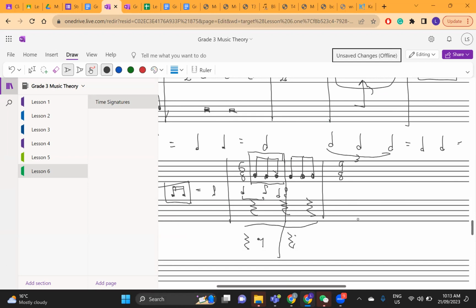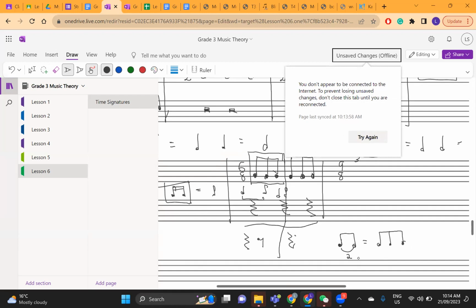There is also what we call the duplet, which looks like this, and that is equal to a group of quavers in compound time. Basically the other way around of a triplet.